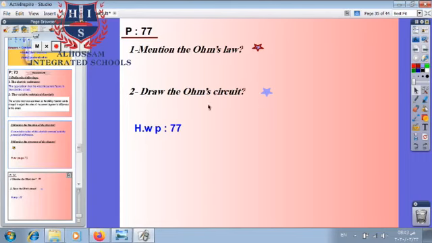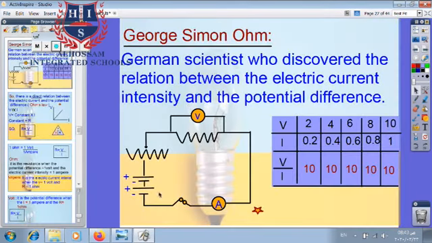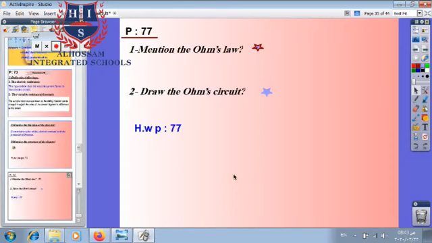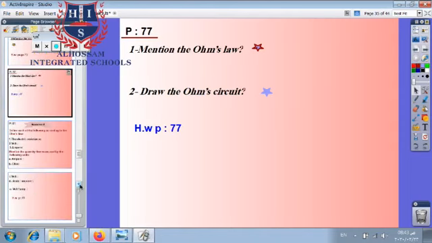Open your booklet, page 77. First question, mention Ohm's law. Do you remember Ohm's law? Can you tell me what's meant by Ohm's law? The electric current intensity is directly proportional to the potential difference.